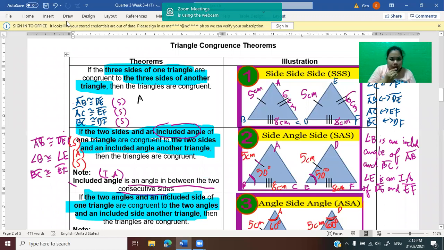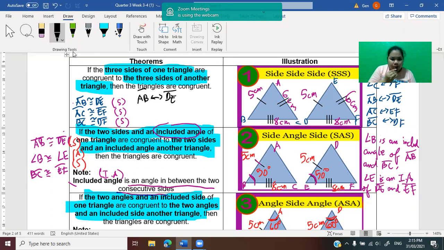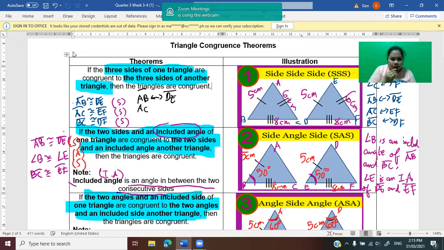So AB corresponds to DE. Hindi, AC muna pala. Dapat naka-arrange. We have AC corresponds to EF. And we have BC corresponds to DF. Okay, so notice that our congruent parts are also corresponding to each other.